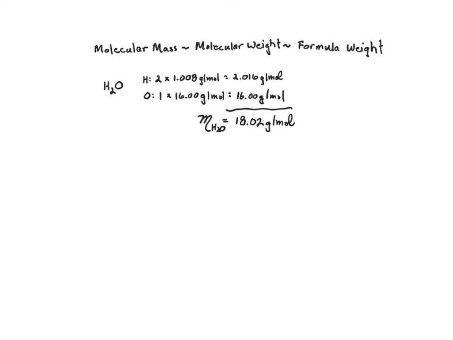Now that we have this information, we know the mass per mole, so we can go back to what we were doing earlier with just atoms of elements, and we can create another flowchart, where we have moles of a compound that we can interconvert with the mass of a compound.